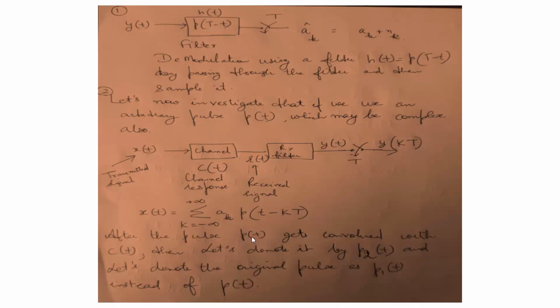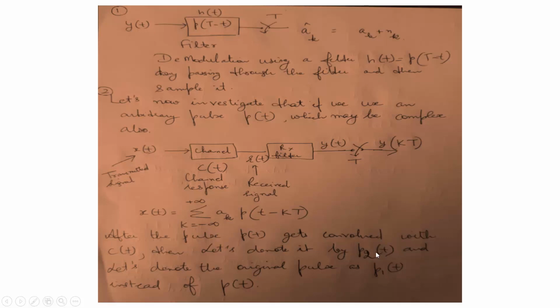After the pulse p(t) gets convolved with c(t), let us denote it by p2(t). Whatever I have been calling p(t), my original pulse, I am now denoting from now onwards as p1(t). What is p2(t)? p2(t) is the convolution of p1(t), or x(t), with c(t). p1(t) is the pulse, x(t) is the train of pulses transmitted.